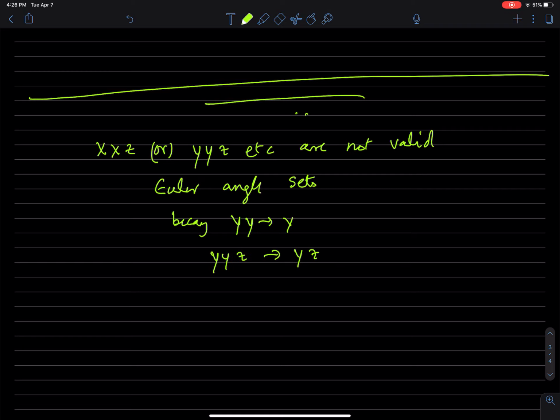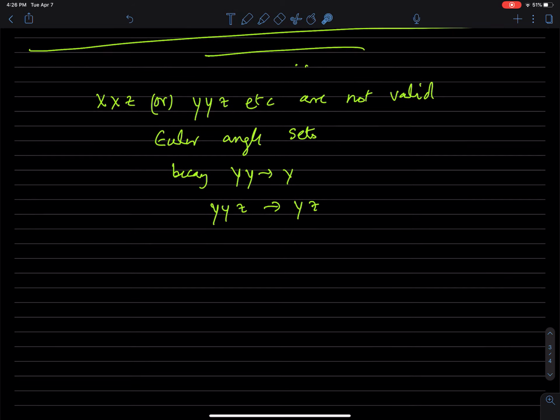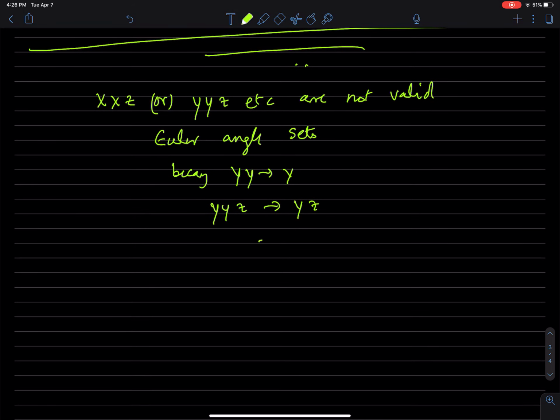First a rotation about y, then a rotation about z implies it's only a 2 DOF rotation, not a 3 DOF rotation. Okay, so it cannot really span the space of all rotations.